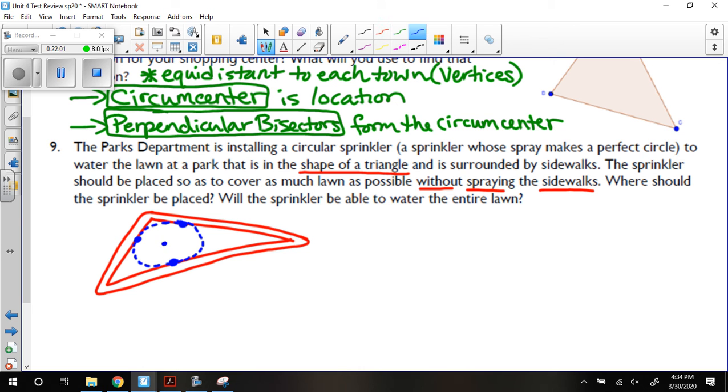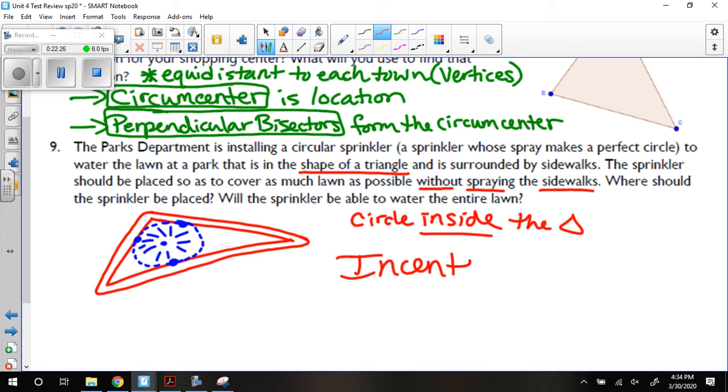We want our sprinkler to be spraying out inside of our triangle, but not so far that it gets onto the sidewalks. Our special center that was a circle inside the triangle was the incenter. Now, this does not ask how to find the incenter. What it asks is, will the sprinkler be able to water the entire lawn?